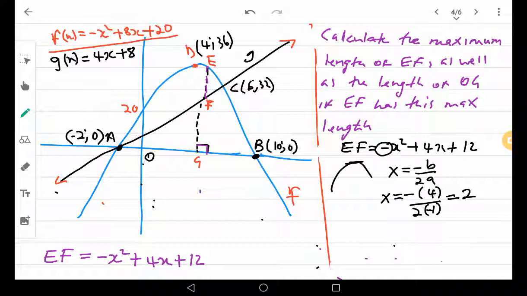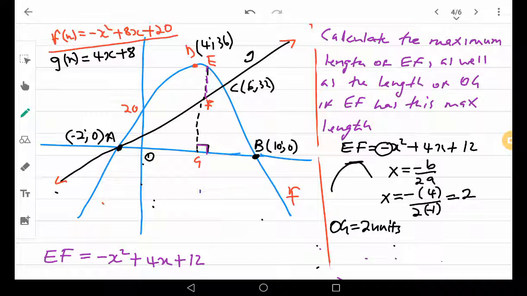If it's going to give us the maximum length, OG is going to be 2 units. Basically, it's the x value of the turning point.